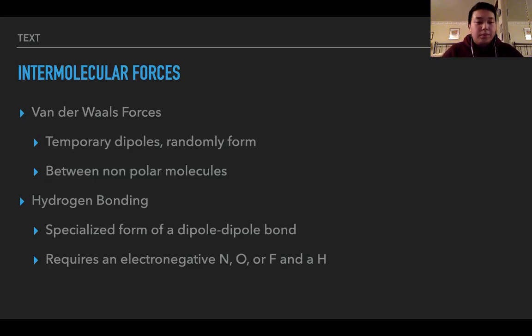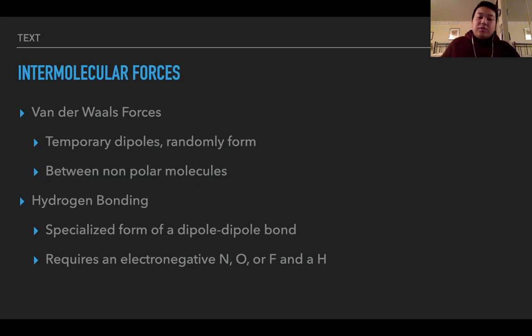Okay, the next one is hydrogen bonding, and I like to think of hydrogen bonding as a specialized dipole-dipole. That means you have an electronegative nitrogen, oxygen, or fluorine, right? One of those three, and an H, hence the hydrogen bonding.